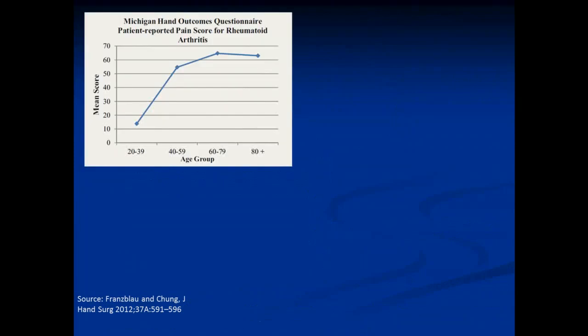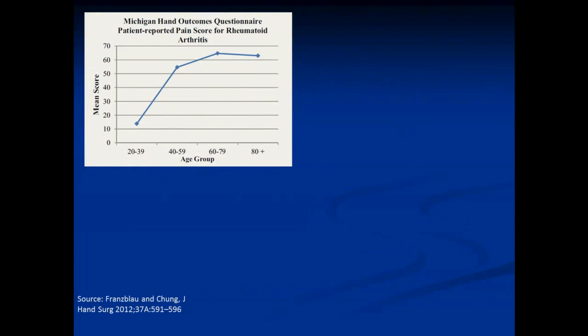Okay, so let's look at another example of different graphs showing the same thing. This is a study that looked at pain, using the Michigan Hand Outcomes Questionnaire, with patient reported pain scores for arthritis. The mean score indicates pain levels, and we're looking at it by age groups.